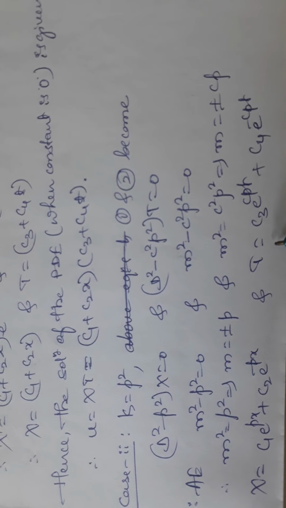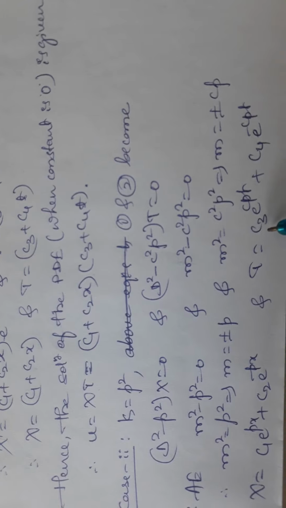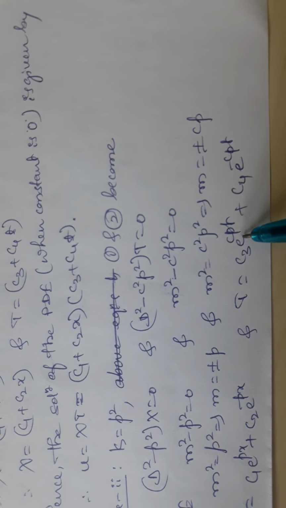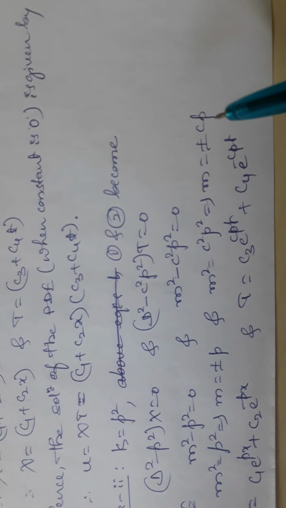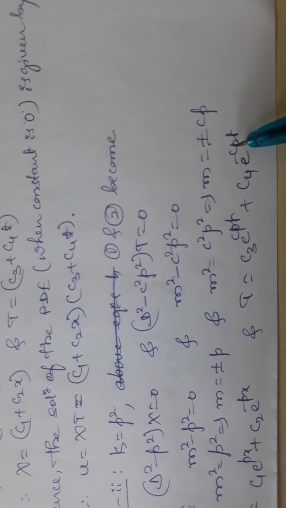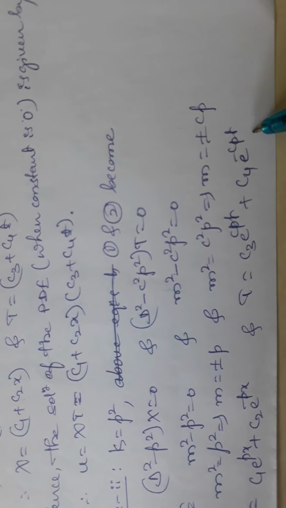And the solution of the second equation is in terms of t, therefore t equal to c3 e to the power cpt, the first root, plus c4 e to the power minus cpt, the second root, because it is a function of t.